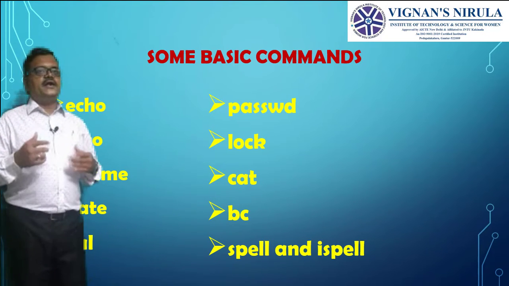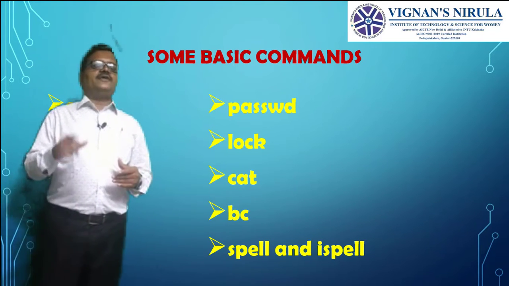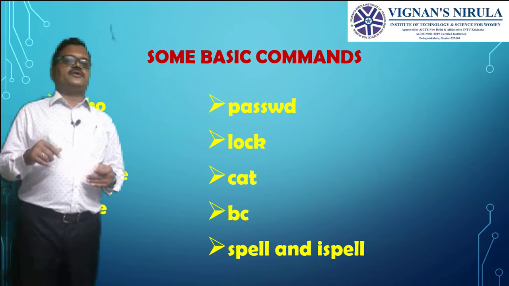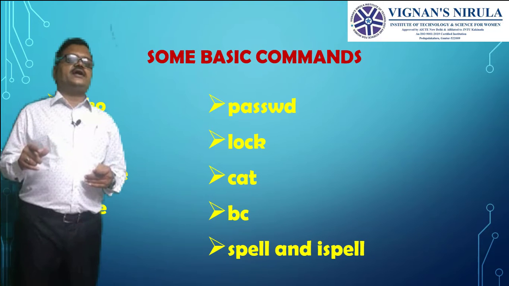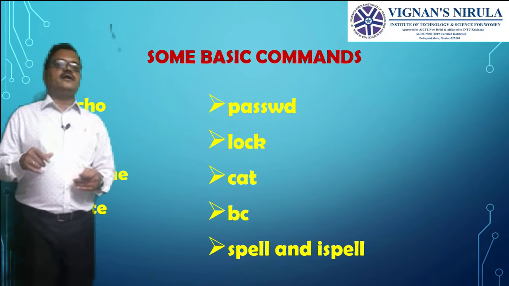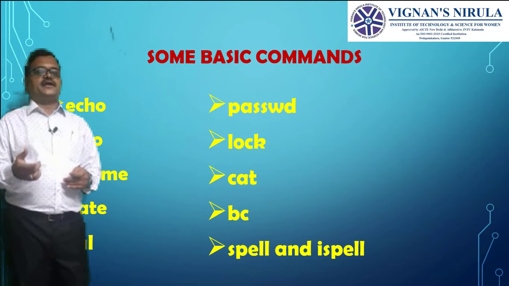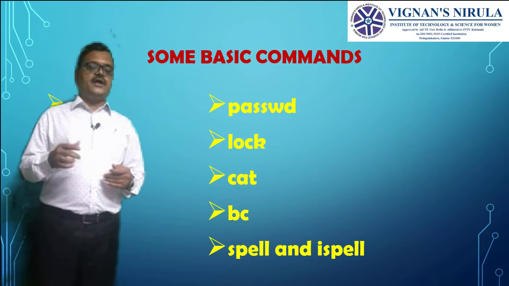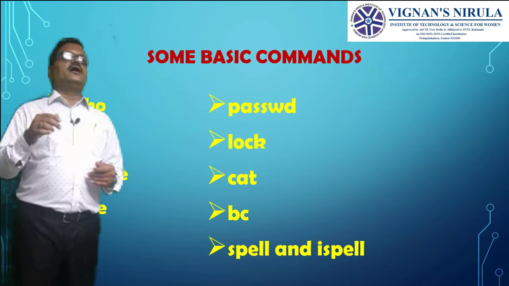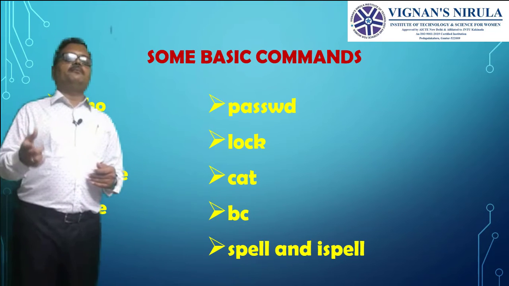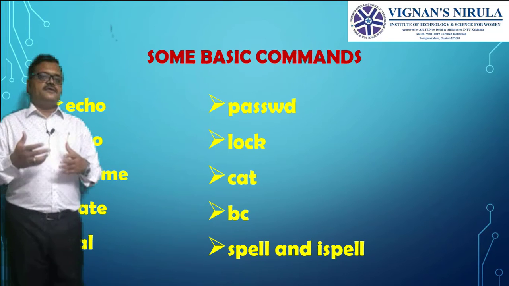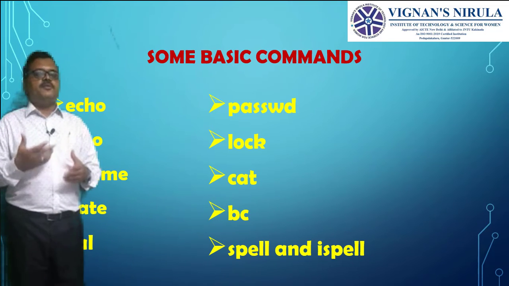If you give date with plus percentage m, it will give the month number. If you give date plus percentage h, small h, then it will give the month name in characters. If you give date plus percentage m and h, then it will print both the name as well as the number of the current month. Like this we can give arguments to the date command.